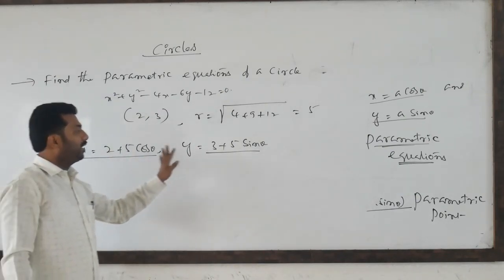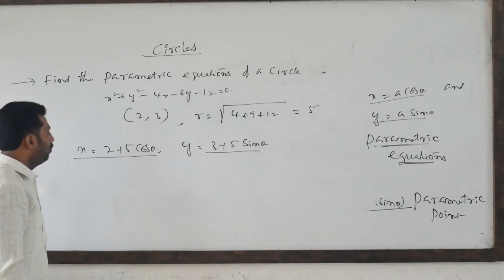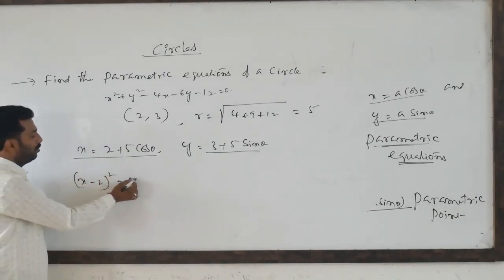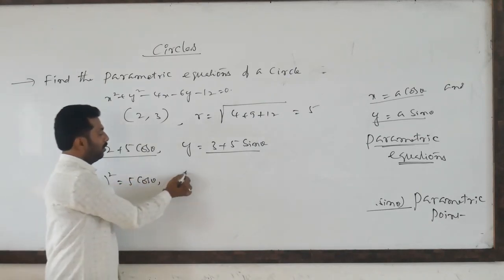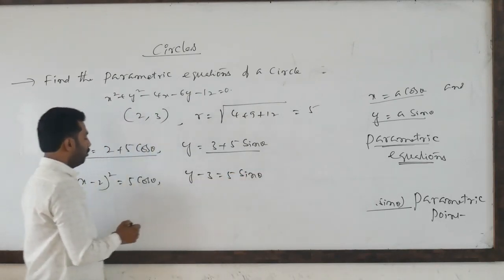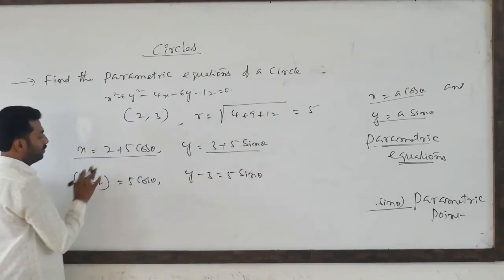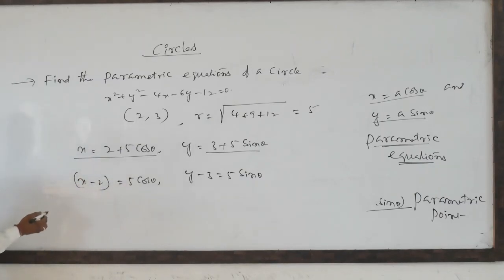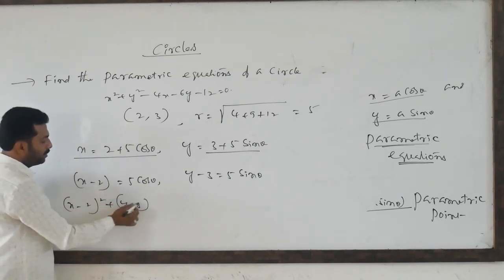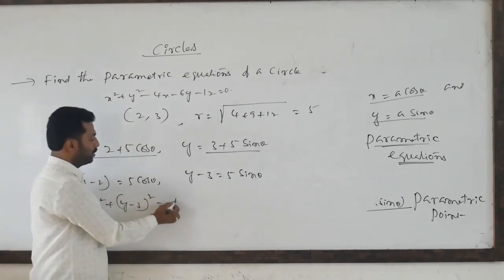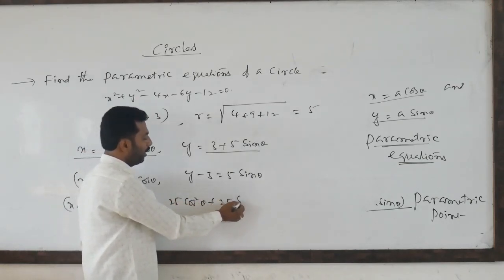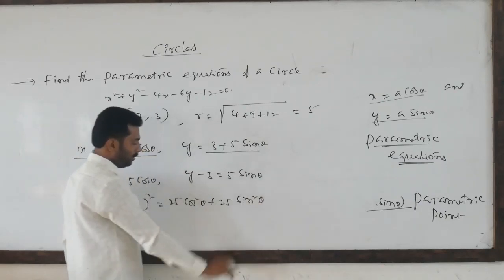Suppose whenever parametric equations are given, how do we calculate the circle equation? Very simple. x minus 2 equals 5 cos theta. y minus 3 equals 5 sin theta. Squaring on both sides and adding, x minus 2 whole square plus y minus 3 whole square equals 25 cos square theta plus 25 sin square theta.